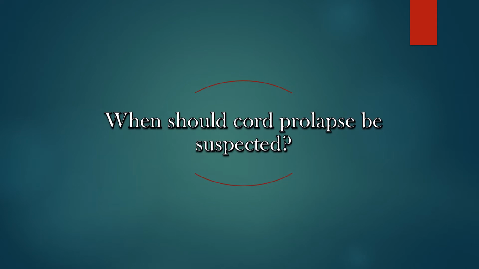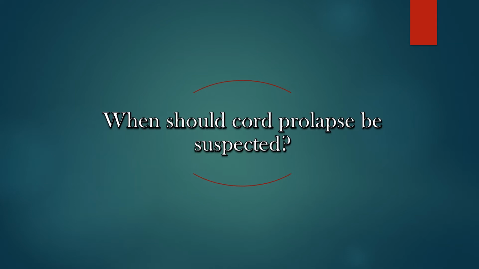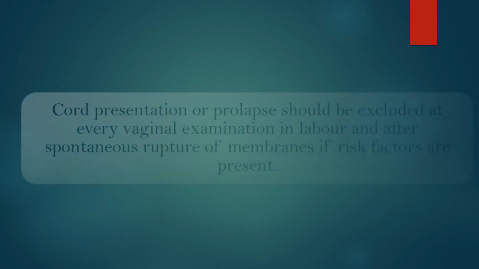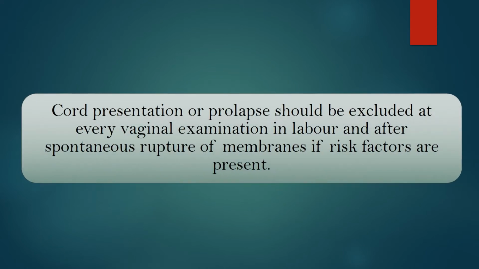When should cord prolapse be suspected? Cord presentation or prolapse should be excluded at every vaginal examination in labor and after spontaneous rupture of membranes if risk factors are present.